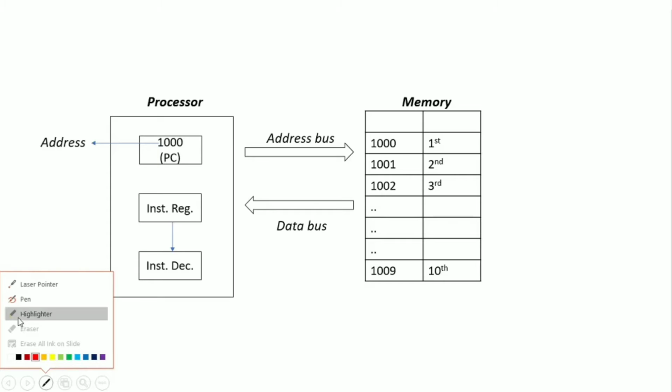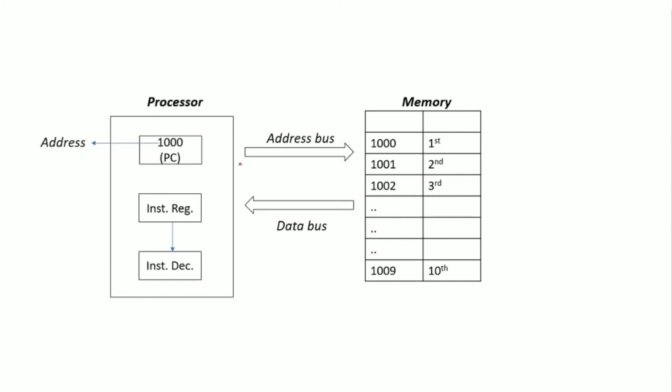Let me use my pen so I can explain easily. This is a particular address which the program counter contains, and you are already aware about memory: at that particular address some kind of value, some data or program, is located. If we have that address, we can easily locate that value.